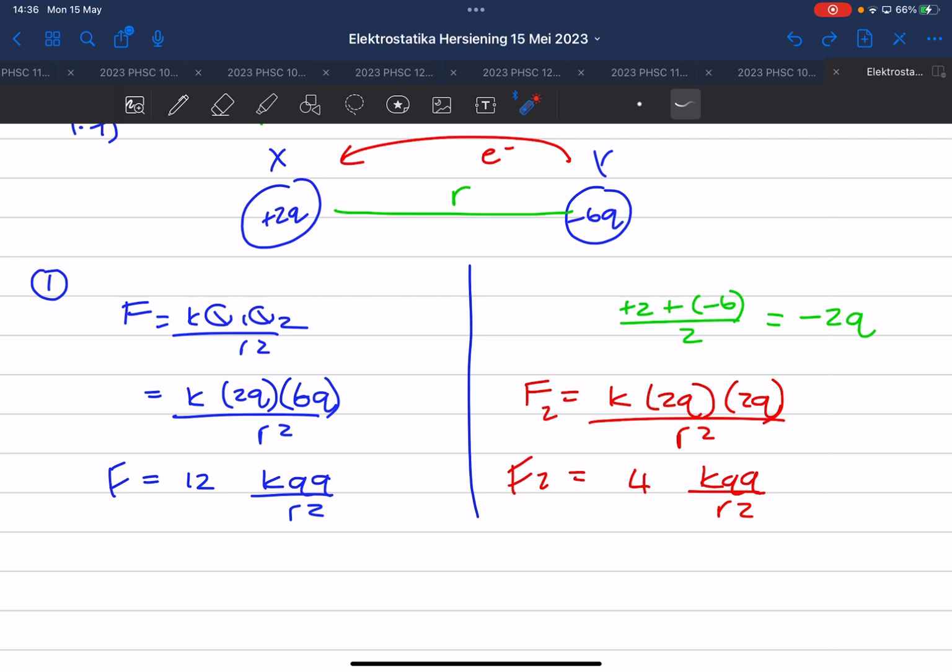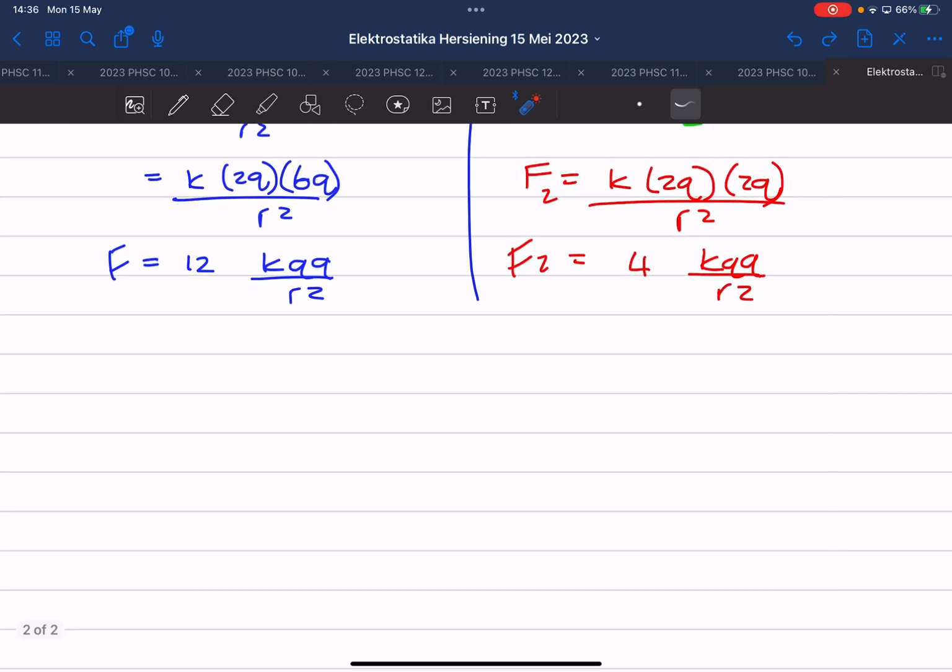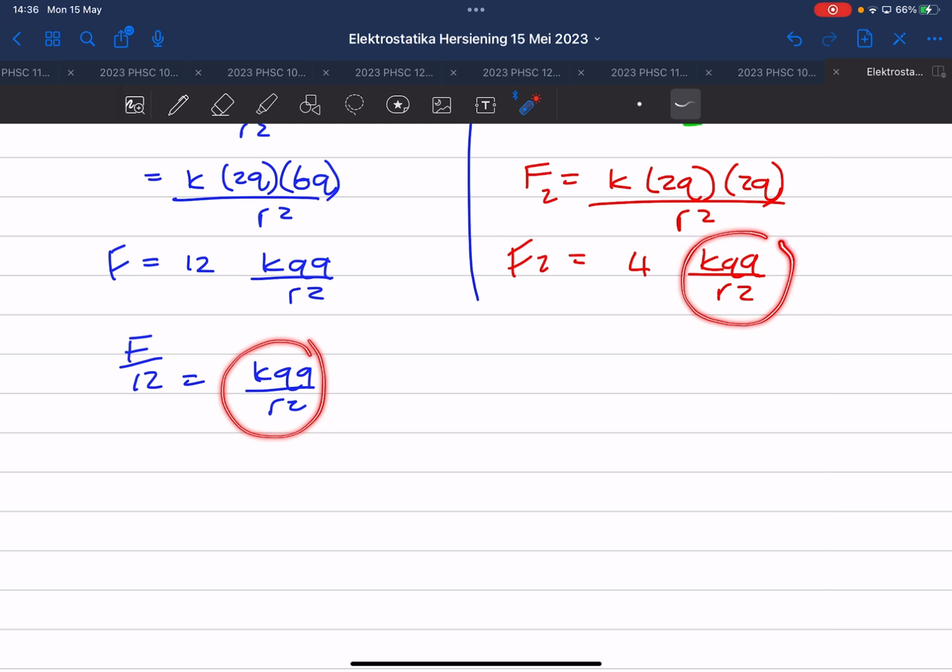So there are now three methods listed that you can use. There's a lot of different ways as long as you know which one you want to use. My first thought was to say F divided by 12 is equal to this expression, then I can put that and that equal to one another. That is the same as that.